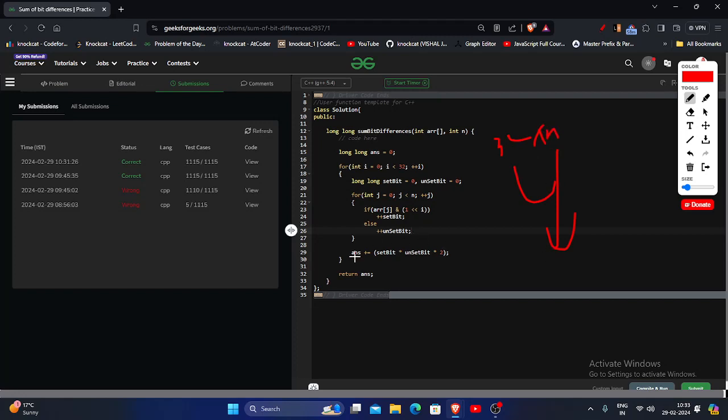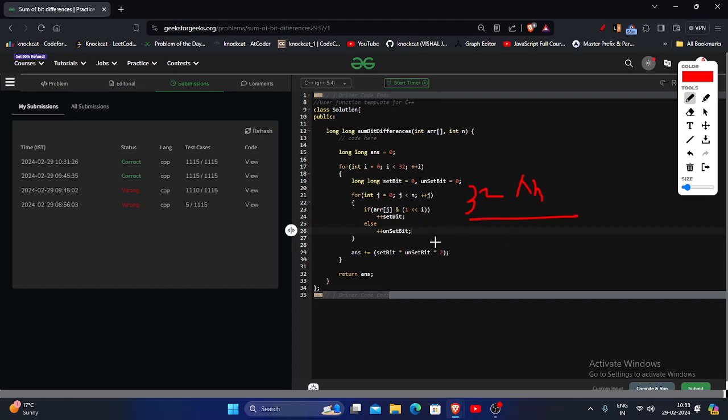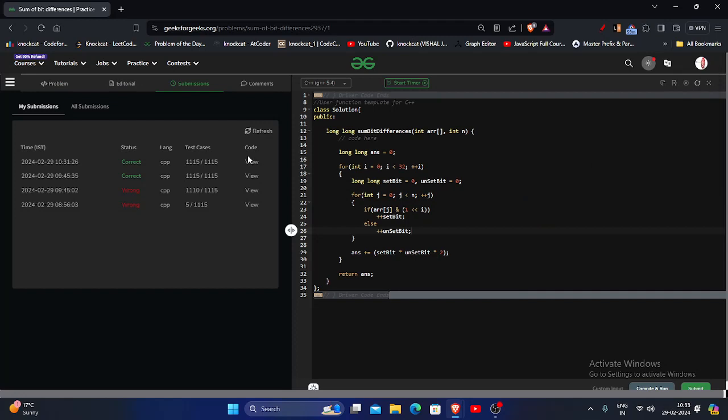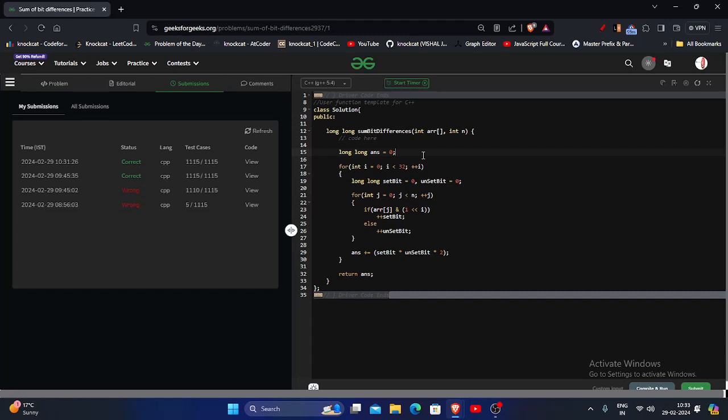So I can just perform this here only, and by this we solve this problem. The time complexity for this code is 32 cross n, and the space complexity is order of one, constant. Earlier it was 32, but I explained this because how we maintain a bit array is very important when you solve upcoming problems.